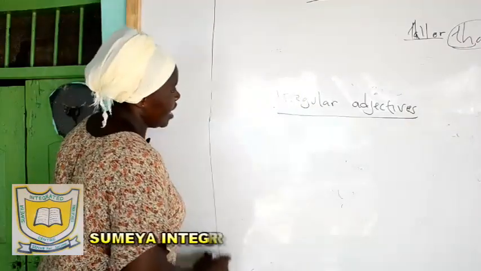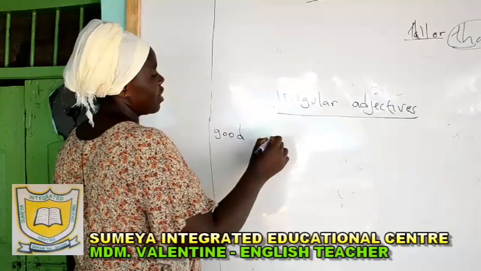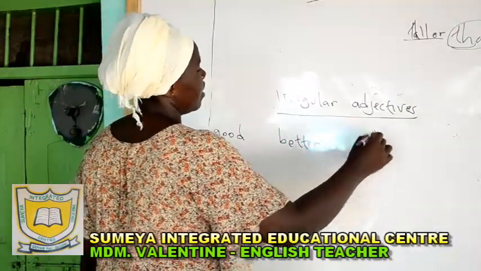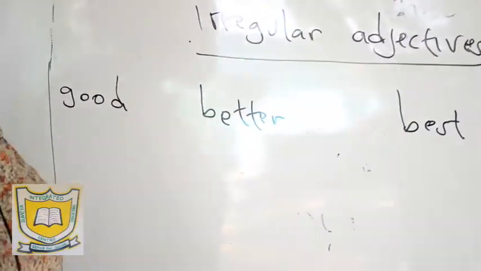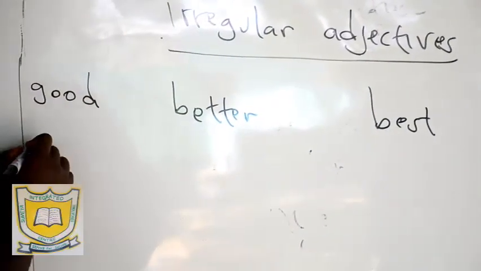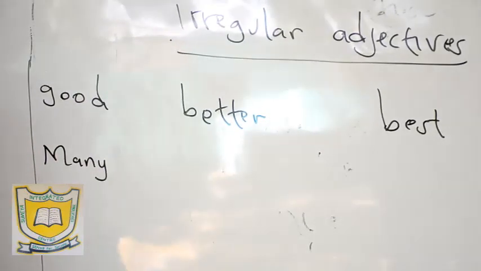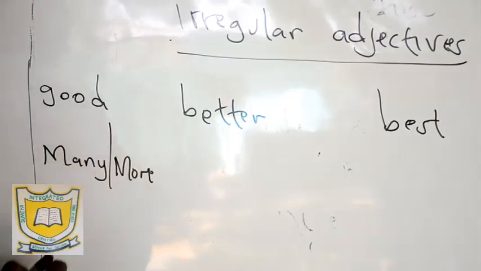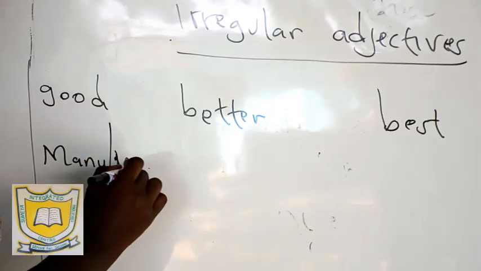Example, you can have good, and then in the comparative you are going to say better, and then in the superlative you are going to say best. And then you are having many for countable nouns in the positive, or much for uncountable nouns, sorry.